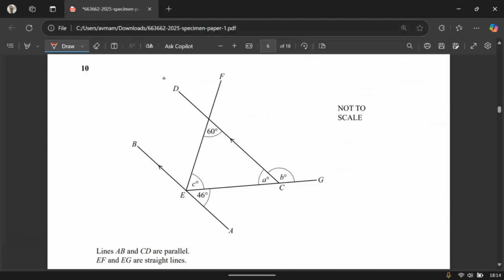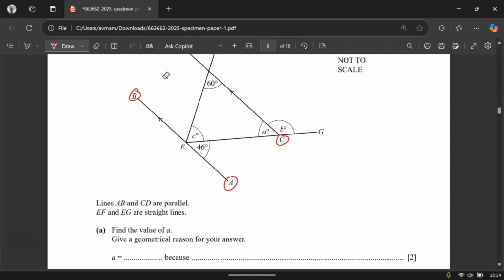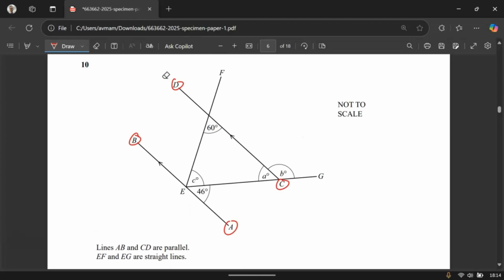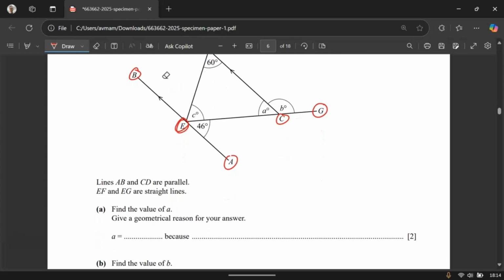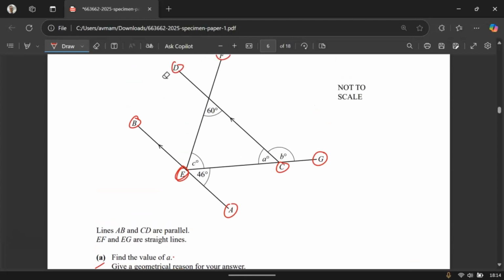Lines AB and CD are parallel. EF and EG are straight lines. Question A. Find the value of A. Give a geometrical reason for your answer.